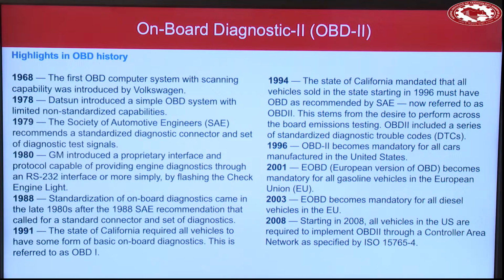In 1980, GM, which is General Motors, introduced a proprietary interface protocol capable of providing engine diagnostics through RS-232, which are cables, and more simply by flashing the check engine light.